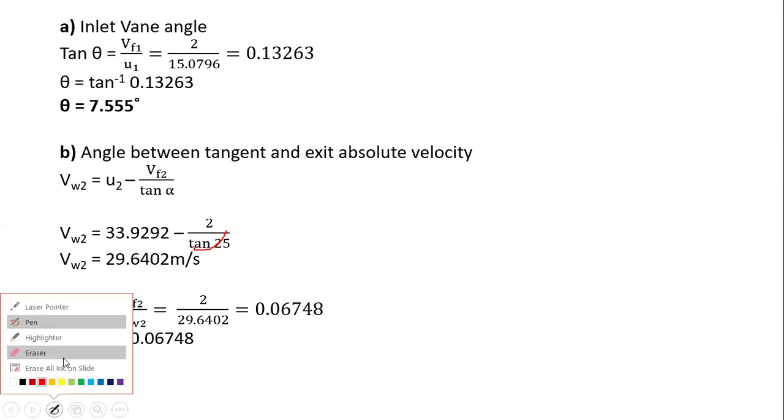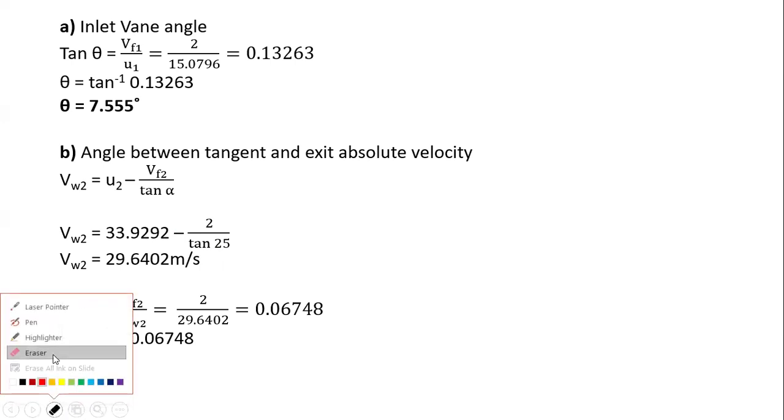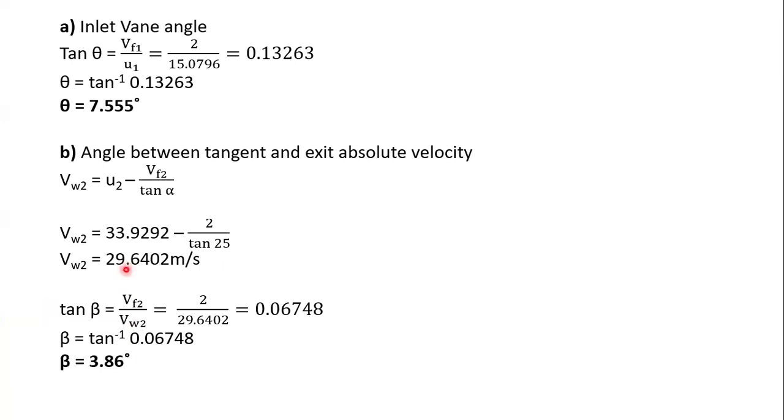Let me just remove that because it could be standing in the way. All right, so this is what I have now. And when you enter this in your calculator, you have 29.6402. That's just VW2.